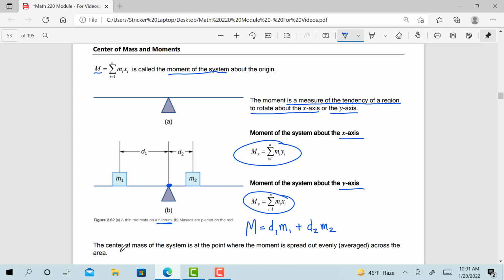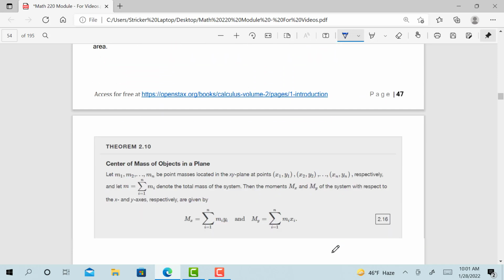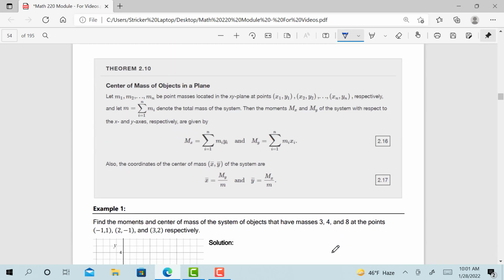Again, the center of mass of a system is the point where the moment is spread out evenly, or averaged across the area, which is why it is the point where that object will not tip. It will balance perfectly.